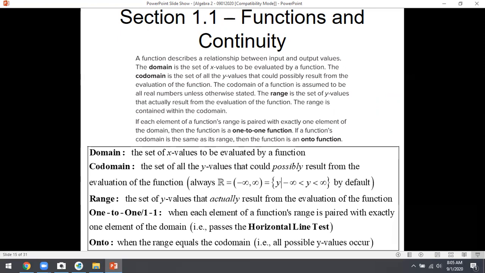I have to stop right here and talk about these quite a bit. Definitely the words domain and range are something to put a star by. Those will haunt you all year long. They should be a review from previous classes. What we're going to step up in detail is the terms codomain, one-to-one, and onto.